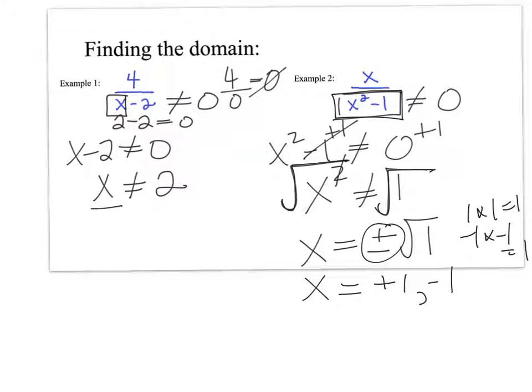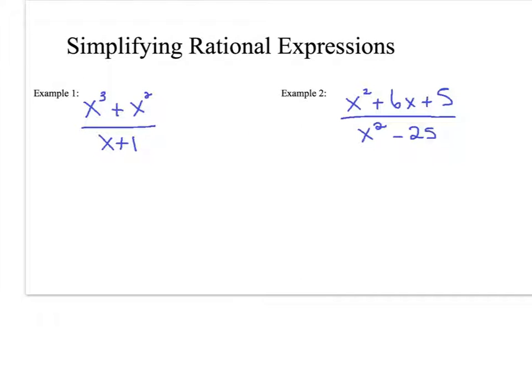And if you do use a square root, please do include the plus and minus sign in your answer. So you're going to see that we're going to have a lot of practice defining the domain, what x can't equal, when you're working with rational expressions, because you must define the domain along with giving your answer whenever you're working with rational expressions.